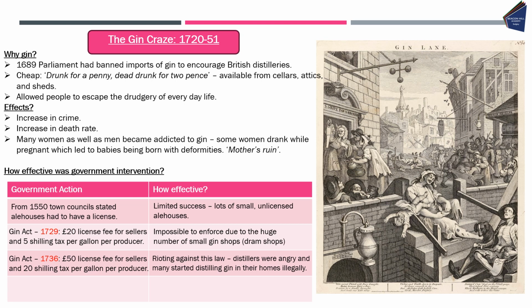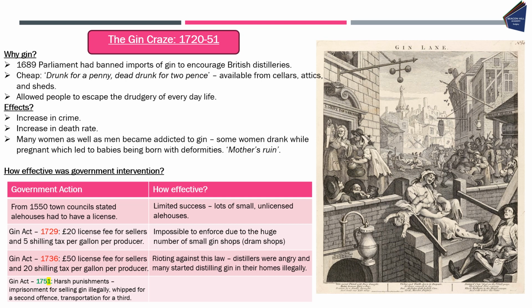The final law, and the one that I would really encourage you to revise for the exam, is the Gin Act of 1751. You will see here that I've highlighted the one in yellow, and that is because our time period for early modern Britain is 1500 to 1750. Despite that, you can only refer to the Gin Craze on a question that was asking you about early modern Britain.